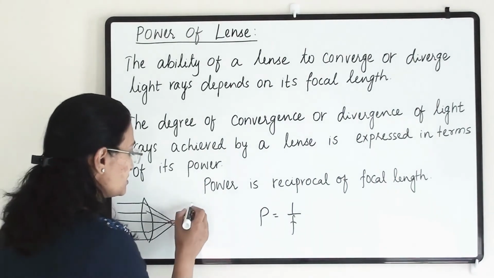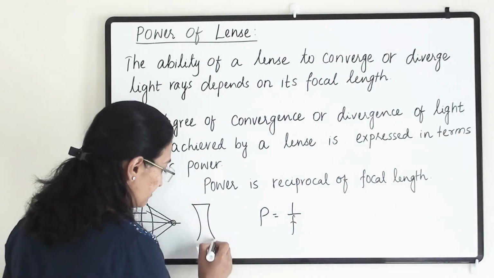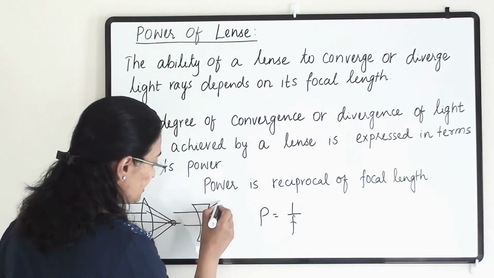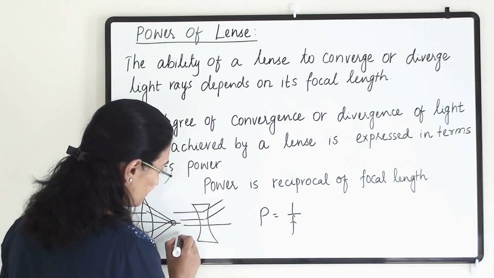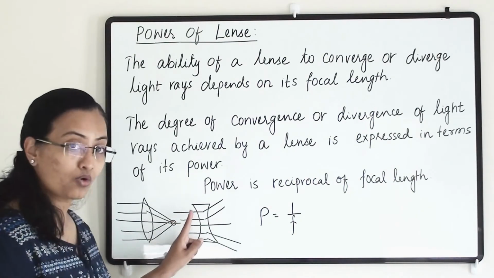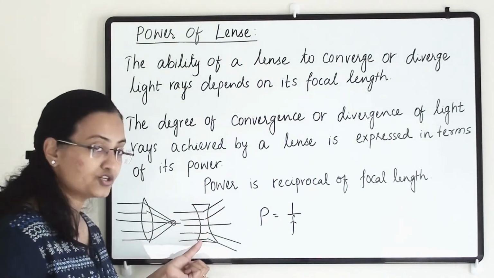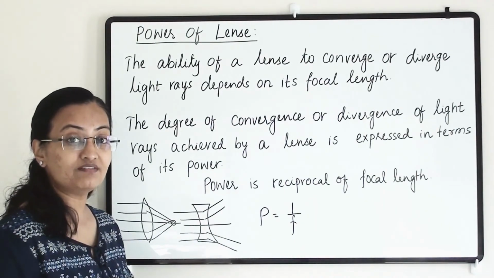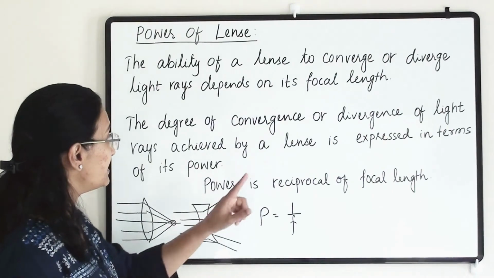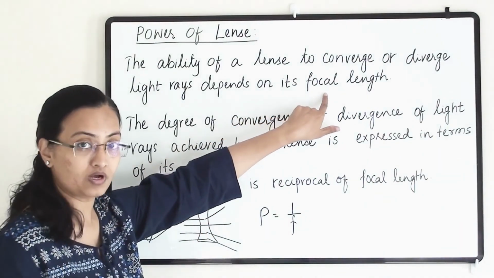Now divergence means when we are using a concave lens, all the rays will diverge away like this. All the parallel rays falling on the concave lens will diverge away, and how much they will diverge or how much they will converge depends on its focal length.